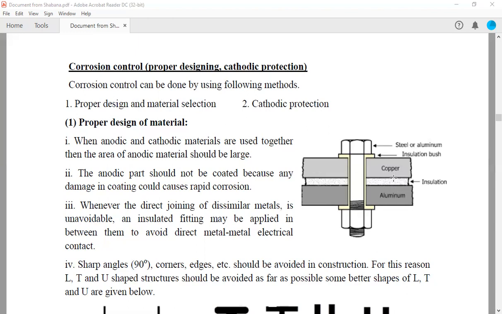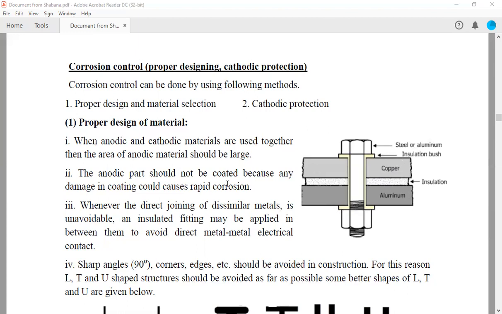Suppose you take copper and aluminum, and aluminum acts as the anode, then the anodic metal must possess the large surface area, whereas the cathodic metal must possess the smallest surface area. So the corrosion that takes place is minimum.